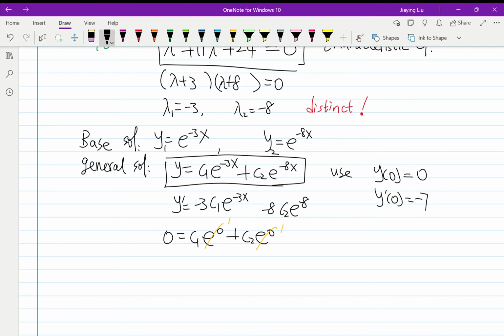Then when we put negative 7 into the derivative with x equals 0, we get negative 7 equals negative 3C1 minus 8C2. That's the second equation: negative 3C1 minus 8C2 equals negative 7.